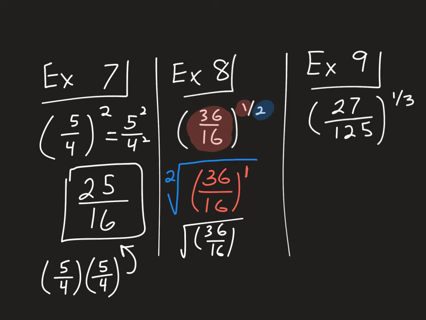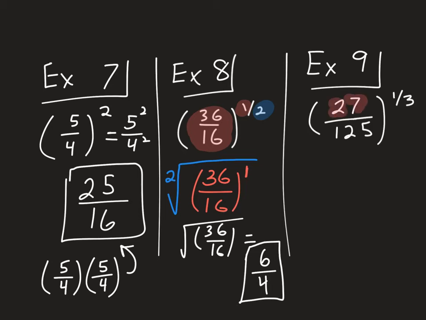Just the same reason that we don't need to write the 36 over 16 to the first, because that's just 36 over 16. All right, and now I'm just going to be taking the square root of each of them. So the square root of 36 is 6. And then the square root of 16 is 4. And that's my solution.